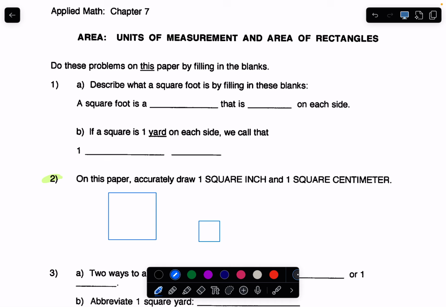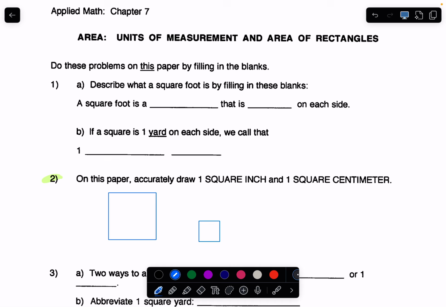So a square inch is what I've been drawing. Those two aren't horrible. So this is what yours should look like when you drew it yourself. It should look something like the two I've got here. So if yours looks something like that, you've done what you need to. Okay.